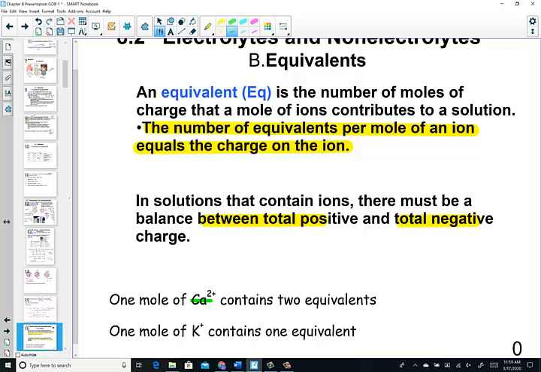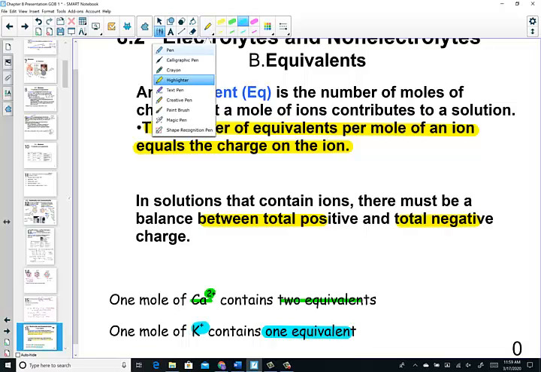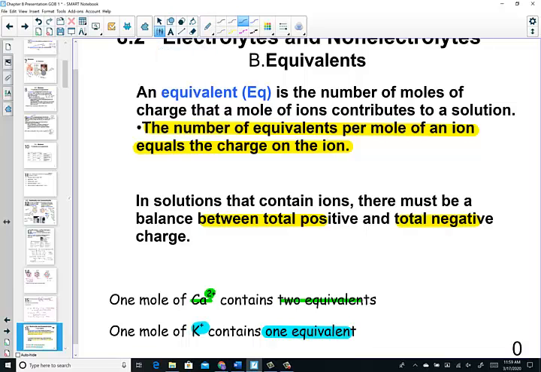Because the charge is 2 plus, calcium ion contains 2 equivalents. Remember, the equivalents are equal to the charge on the ion. Whereas if I see potassium, notice it has just a +1 charge. Therefore, we see it has just 1 equivalent. The equivalence is equal to the charge on the ion.